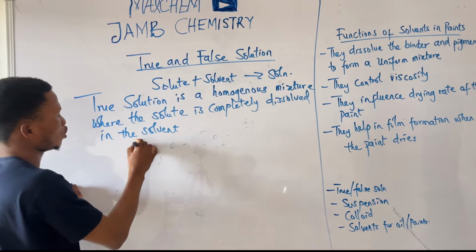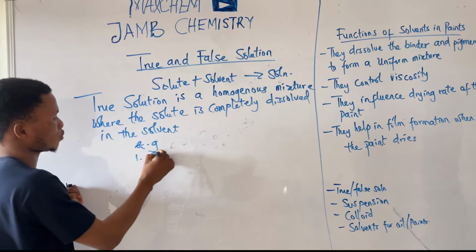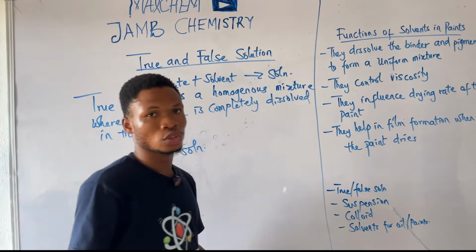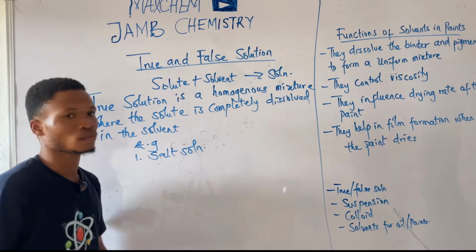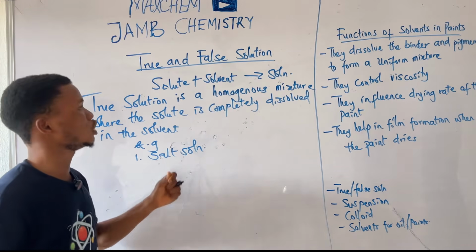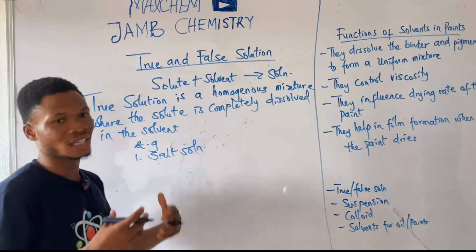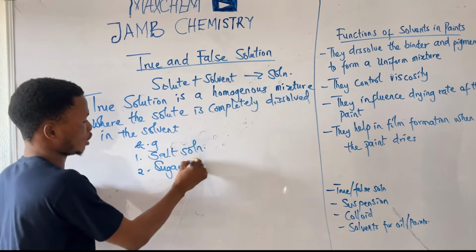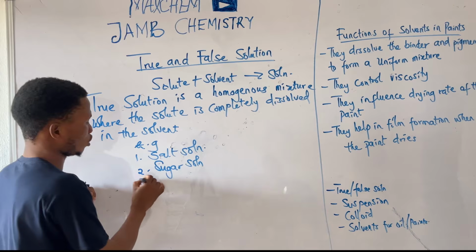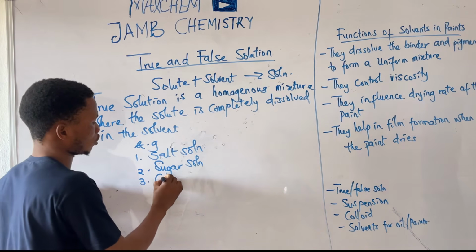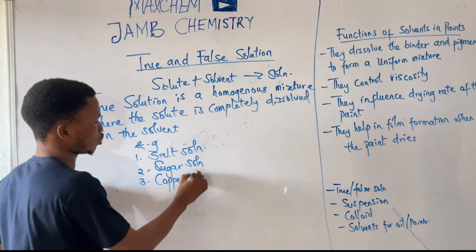For example, our salt solution. When you put salt in water, you are going to have a complete mixture of the salt and the water. Your sugar solution, just another example, or when you mix copper sulfate solution.